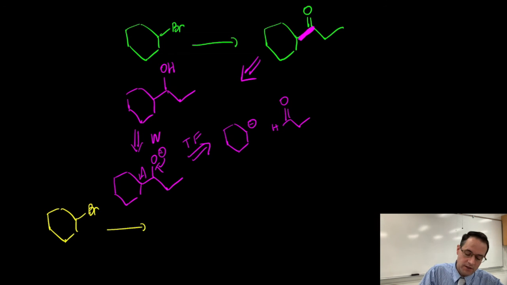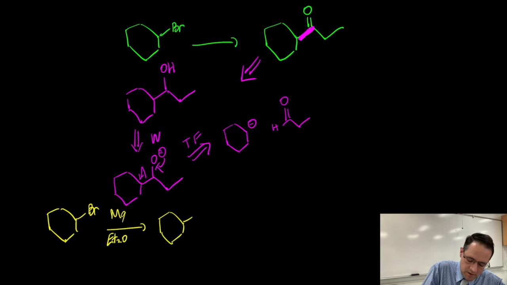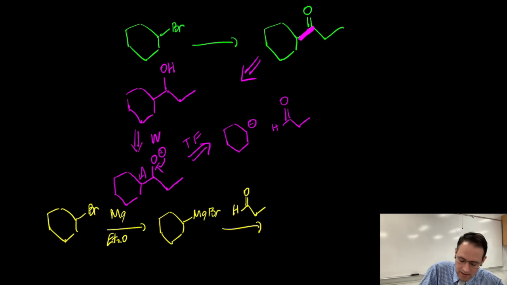So here what I want to do is take my starting material that's been provided to me. We'll go ahead and make this the Grignard. Got my Grignard. Now I'll treat this with propanal. We haven't named aldehydes yet, but that's propanal.